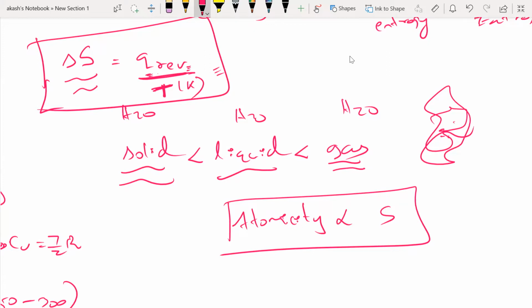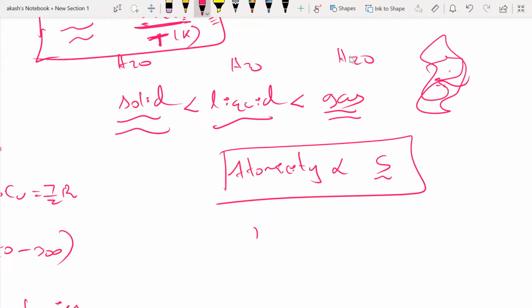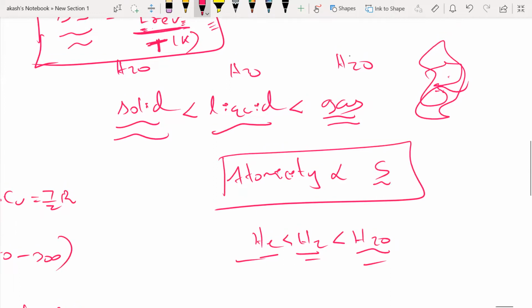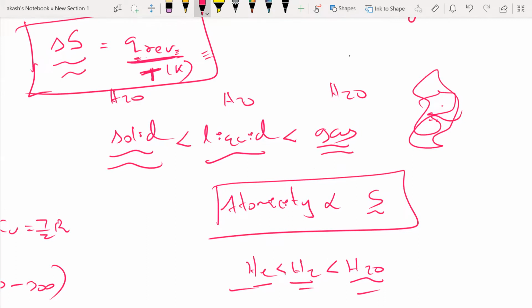So there is more unpredictability there. That is why atomicity of a gas is directly proportional to S. For example, if you consider helium, hydrogen, and H2O gas, definitely H2O will have more entropy than H2, than helium, because this is monoatomic, this is diatomic, this is polyatomic. So like this, we'll be able to compare. Hope you now get an idea of what we are talking about in entropy. It is all about how randomly things are moving.